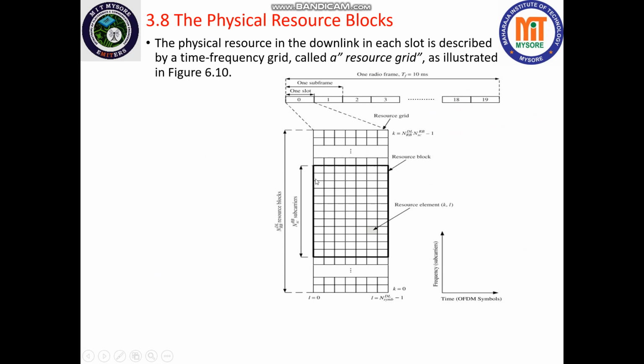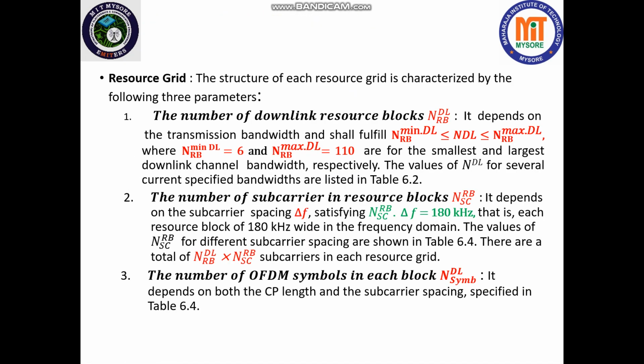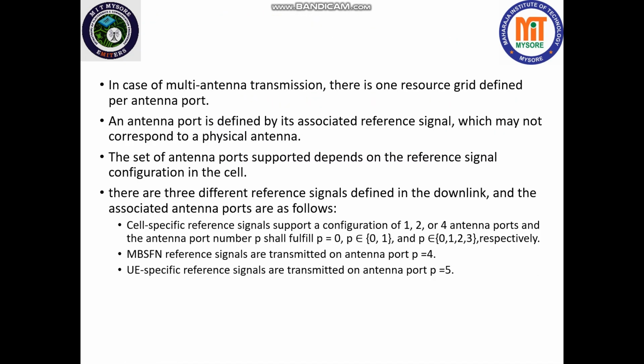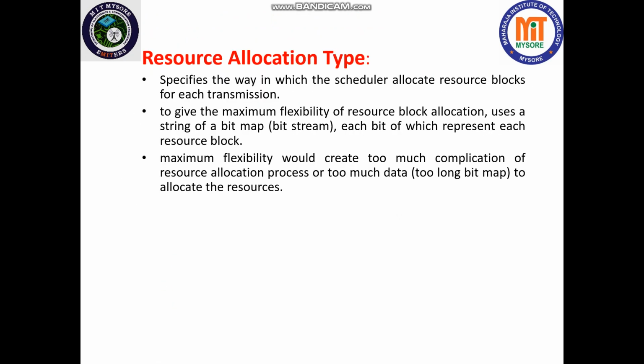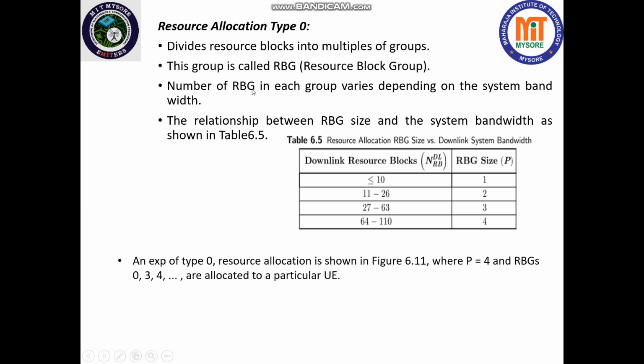You can see over here, this is one resource block. This resource block added with another resource block over here, another resource block, likewise. If you have a group of resource blocks divided in resource allocation type 0, it divides the resource blocks into multiple groups.